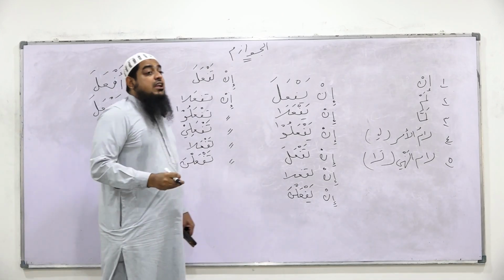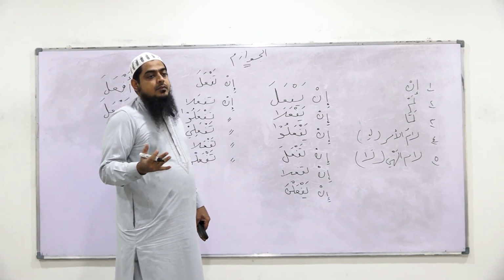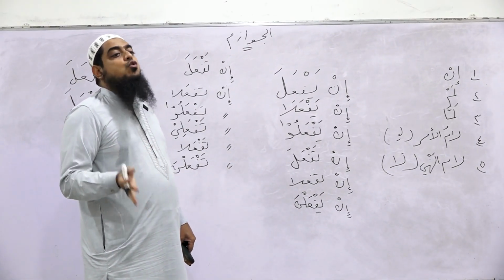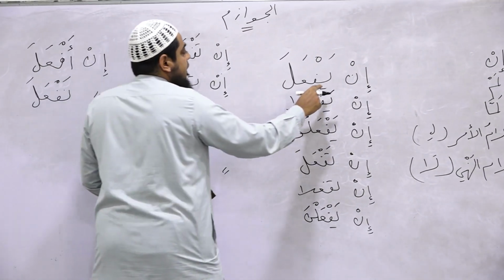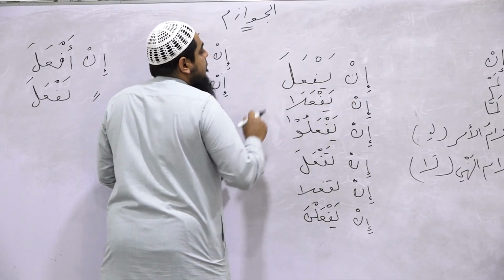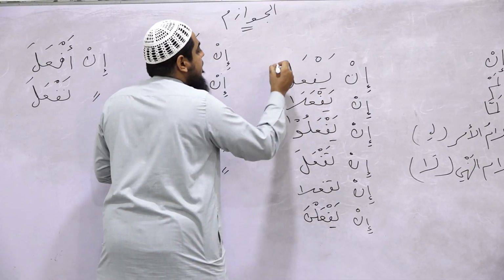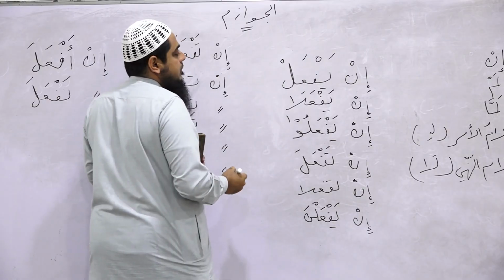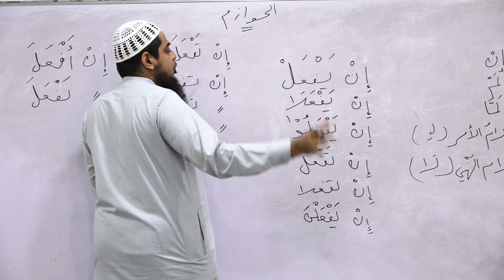So this in will give jazm. Alamatul jazm is sukun. So see here what happens. Yaf'alu will become yaf'al. Again here it will lose the noon.